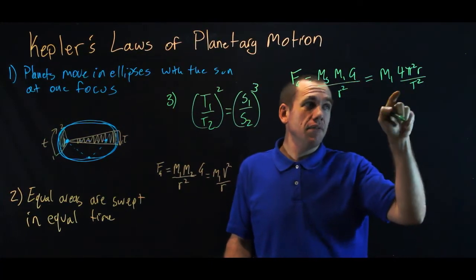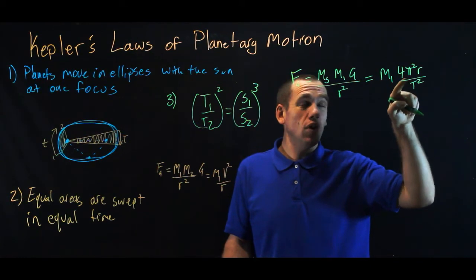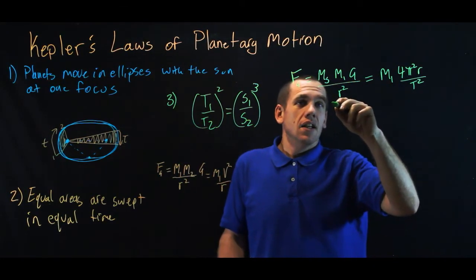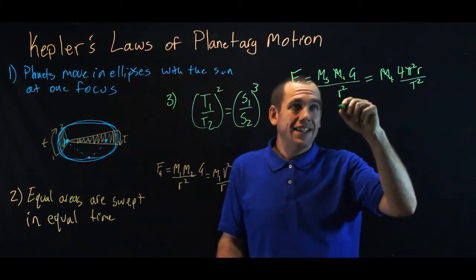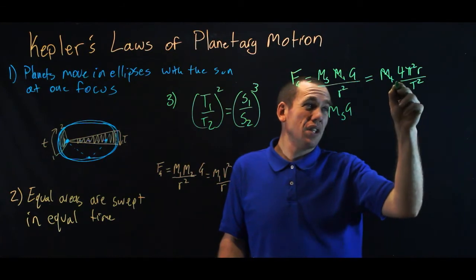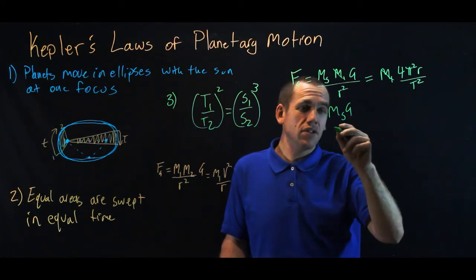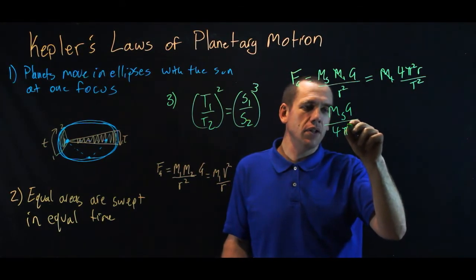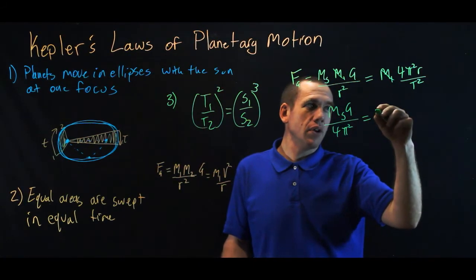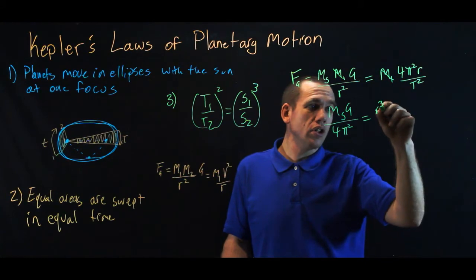If we solve this, the mass of the planet doesn't matter, so I have the mass of the sun times G divided by 4 pi squared, equals, multiplying both sides by r squared, r cubed over t squared.